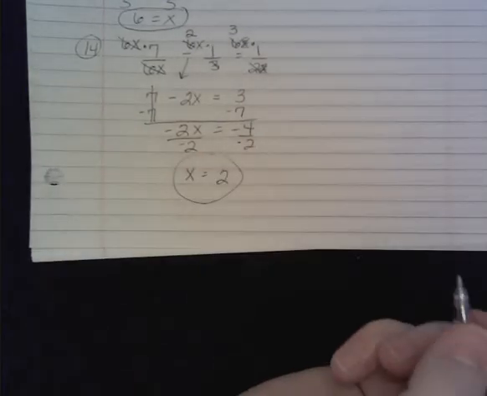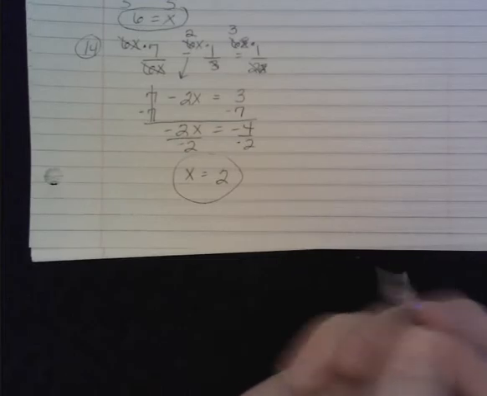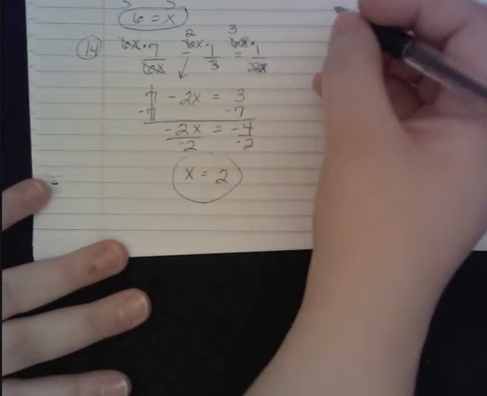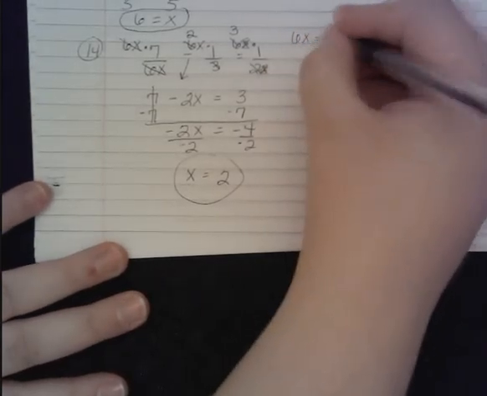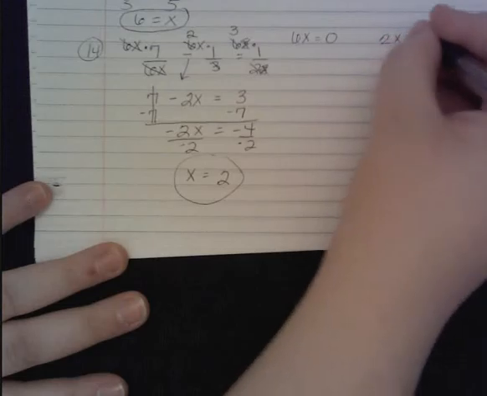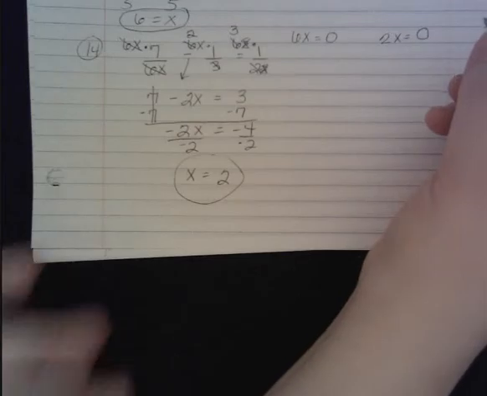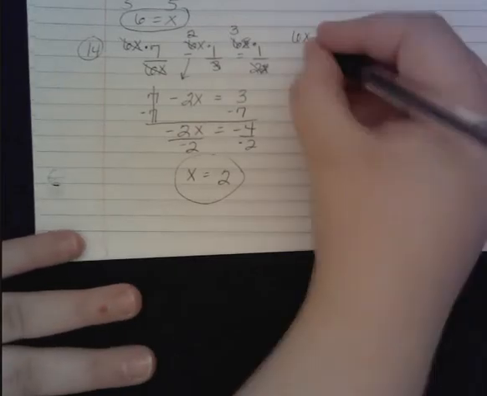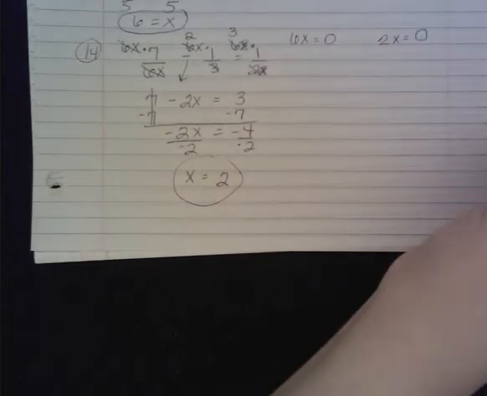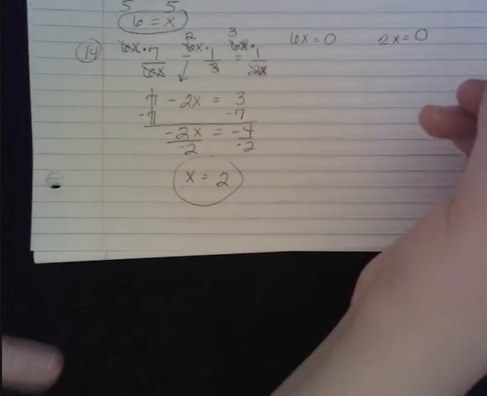Now, before we can say this is our answer, we have to check our excluded values. So we had a 6x for our denominator and a 2x for our denominator. So those are the only ones that had an x in them. Remember, those are the only ones that give us an excluded value. And I set them equal to 0 because if you set them equal to 0 and solve for x, that tells you what your excluded values are.